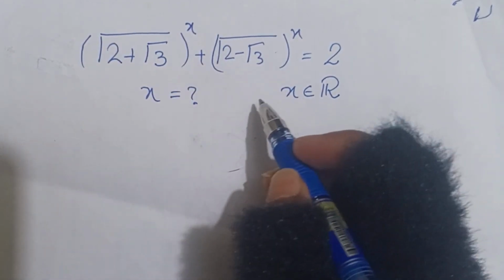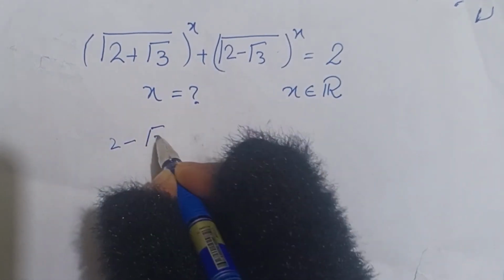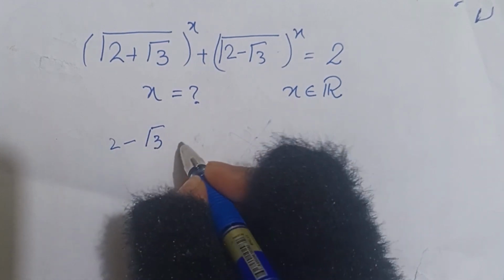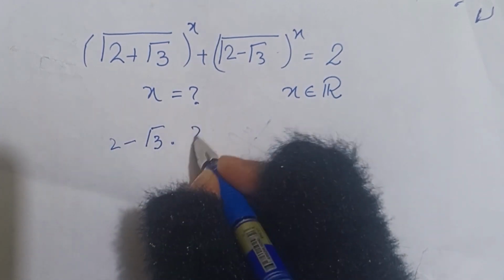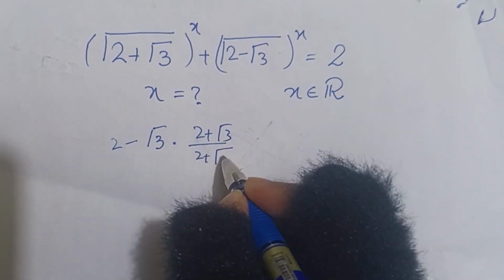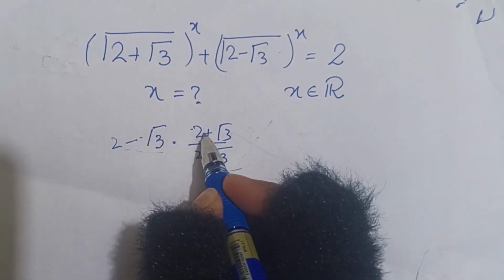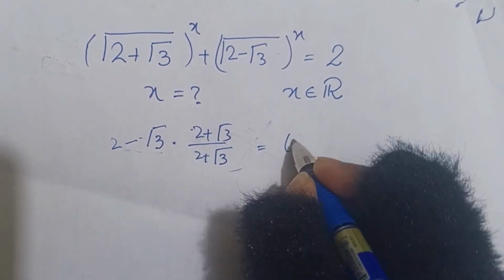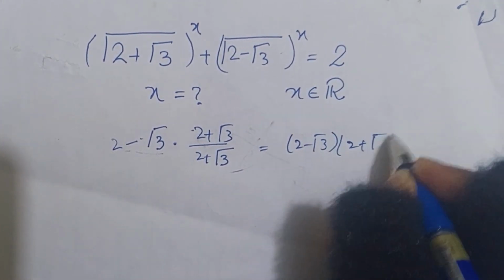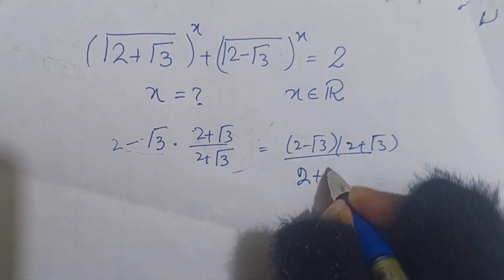So let's take 2 minus √3 first and multiply it by its conjugate, so multiply by (2 + √3) divided by (2 + √3). Then the numerator is (2 − √3)(2 + √3), and the denominator is 2 + √3.